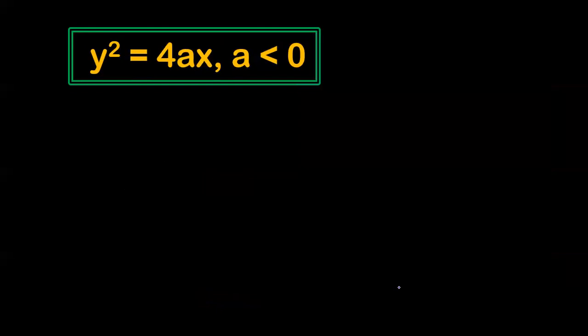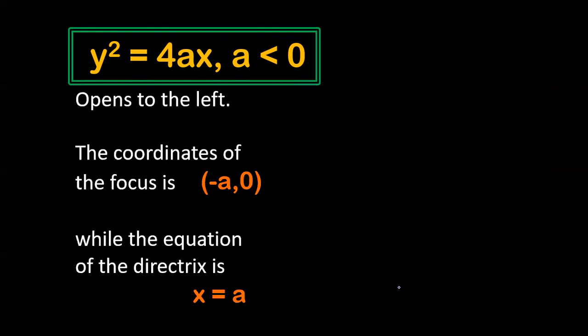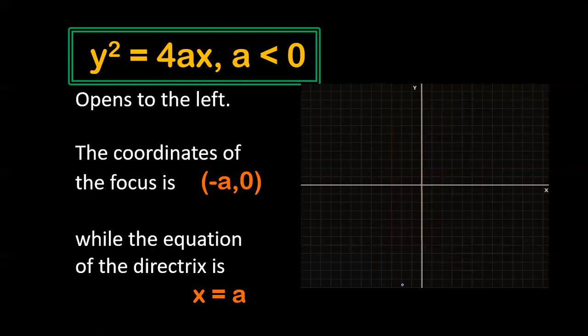So if y squared is equal to 4ax and a is less than 0, then your parabola will open to the left and will have a focus with coordinates (negative a, 0), since this again is a units from the origin, and the directrix will be x is equal to a, since this is a vertical line to the right of the y-axis.